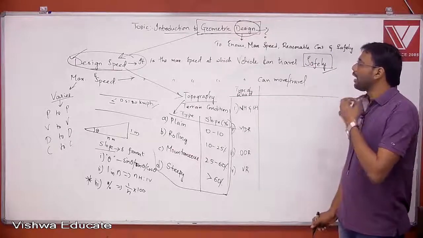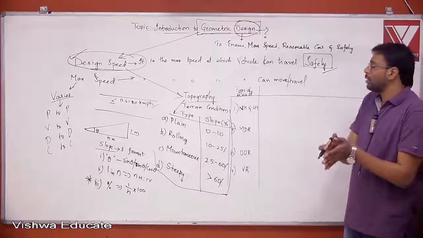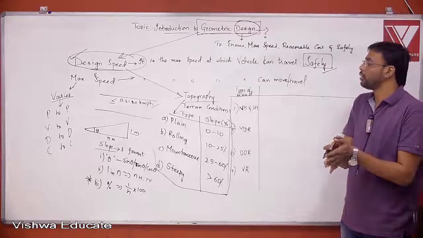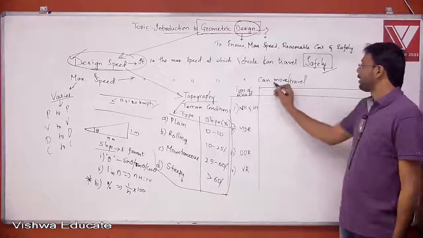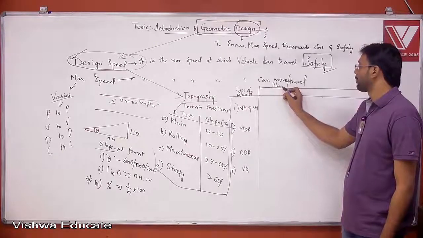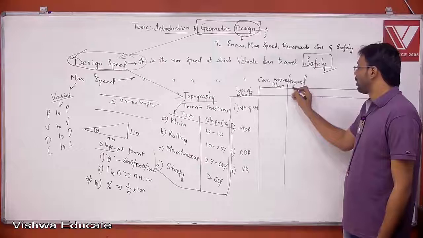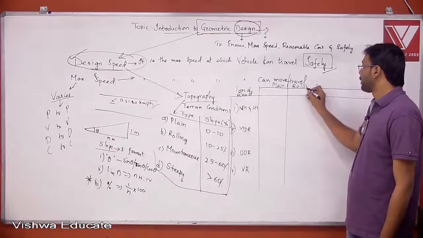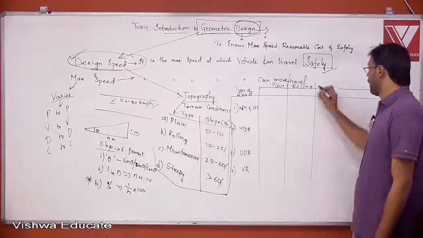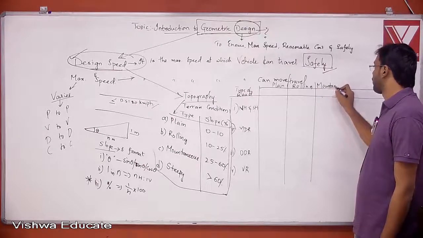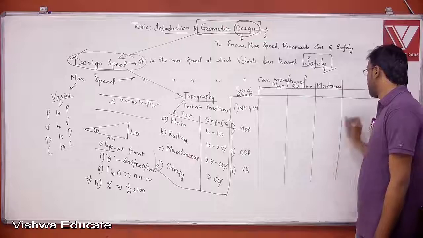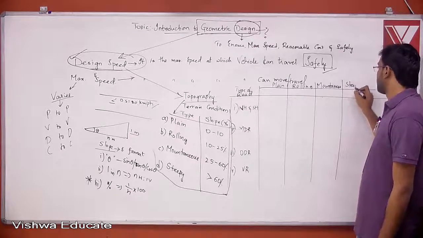And this design speed is based on topography, and we have different topographies like plain, rolling, mountainous, and steepy terrains.